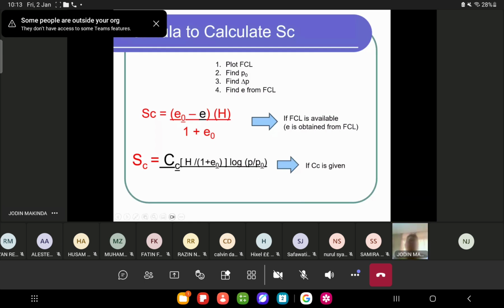So we use the second formula. Why do we use the second formula? Because the compression index is given. We use the first formula when the FCL is available. So please be reminded.